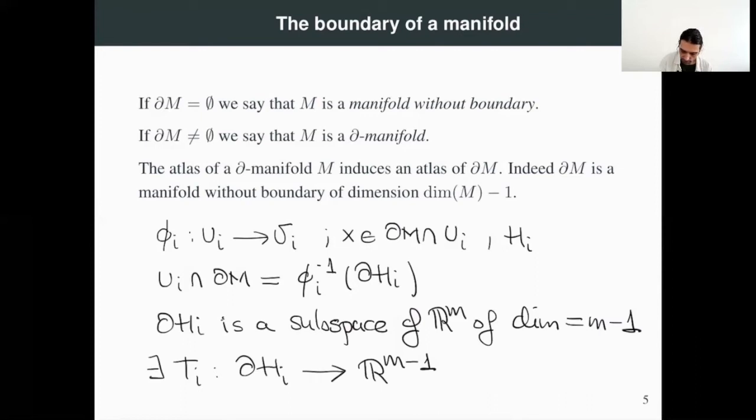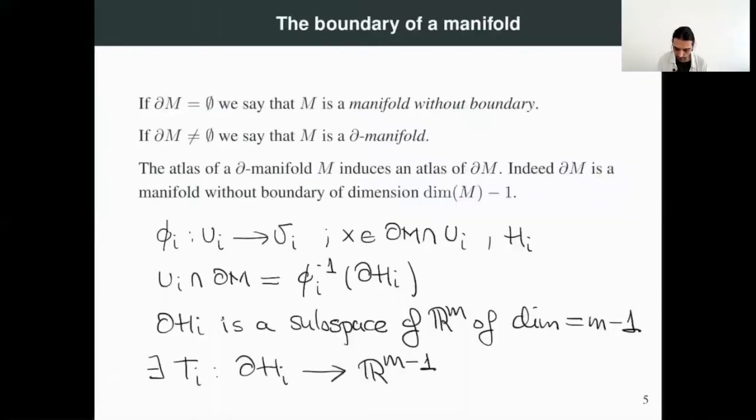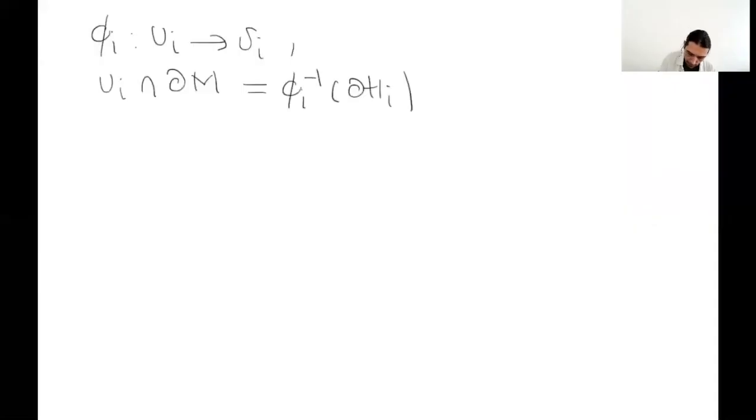Because we have phi sub i, we have that U sub i intersection the boundary of M is the preimage of the boundary of a half space H sub i, okay, and we have actually a linear isomorphism from the boundary of H sub i to R^(m-1).